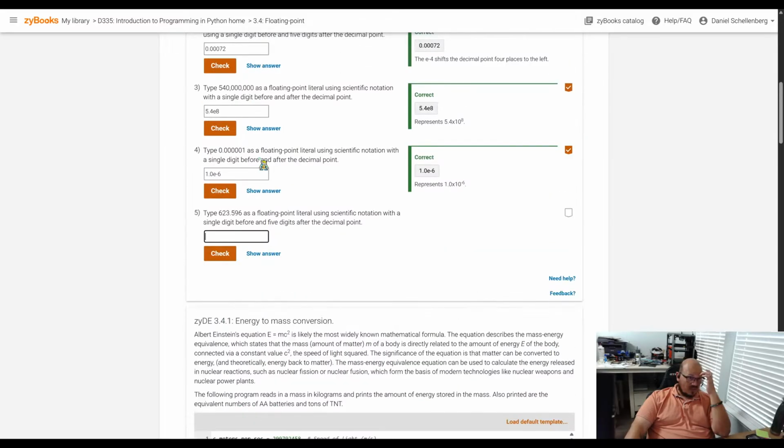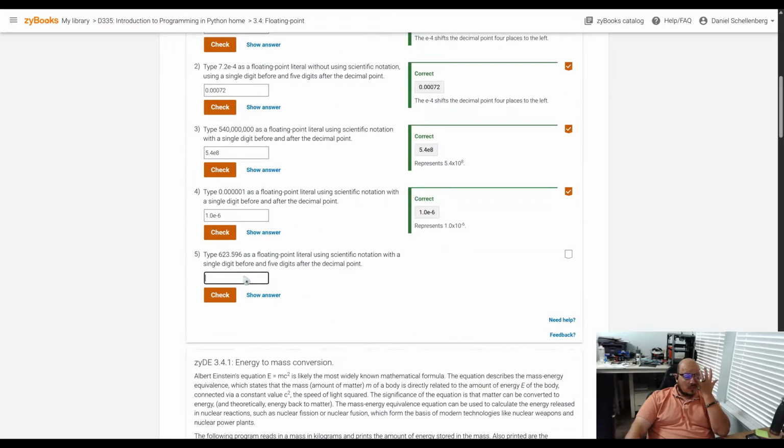And this wants it to be a literal. So it's wanting something like 623 point... does it want the whole thing like this, and then like that? Is it wanting it something like that? No, it's not. Or -3? No, it's not.